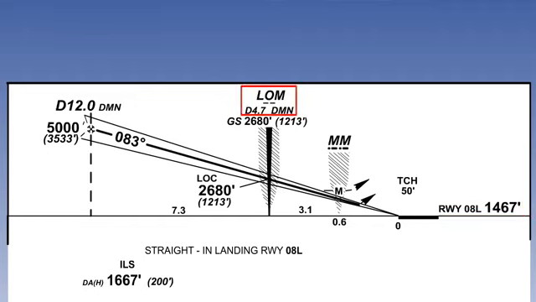As you pass the locator at 4.7 miles DME, you should be at 2,680 feet QNH, or 1,213 feet QFE. When we get to the middle marker, we should be 0.6 of a mile from the runway.